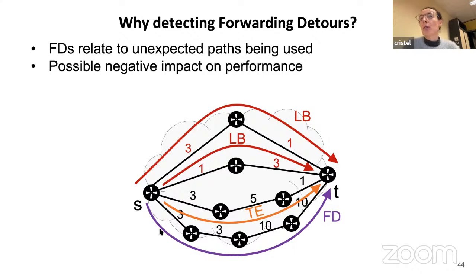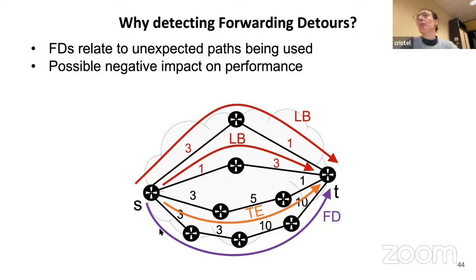So why do we want to detect this? I already said this a bit before, but forwarding detours can happen because some routers lack some routes. This may happen because some routers don't have enough memory, and so you have some prefix aggregation inside some ISPs, and the aggregation does not happen at the same level on all the routers because they don't have the same amount of memory.